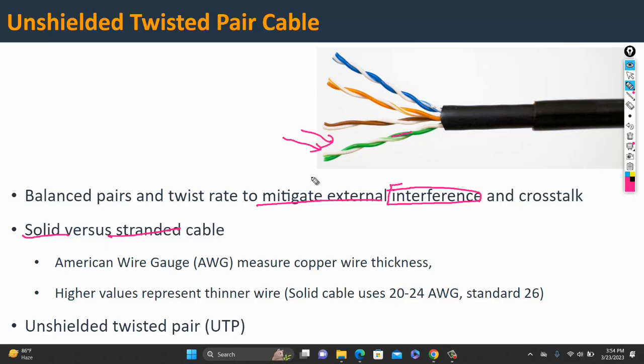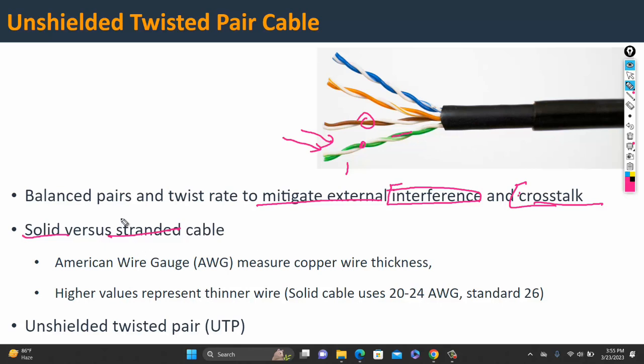Factors include cloud, temperature, wind, and moisture. These are the factors which cause interference. Another is crosstalk. Crosstalk means when the data is traveling, it generates the electromagnetic field, and if it is affected by another wire or another data, it is called crosstalk.